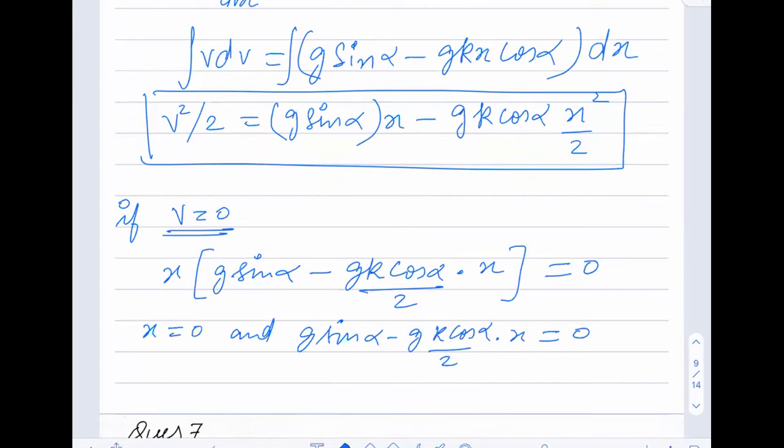From here this g and this g I can cancel, and then I can get x is equal to 2 tan alpha by k.